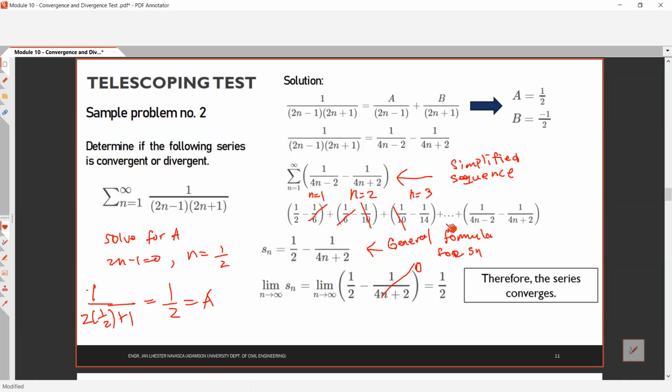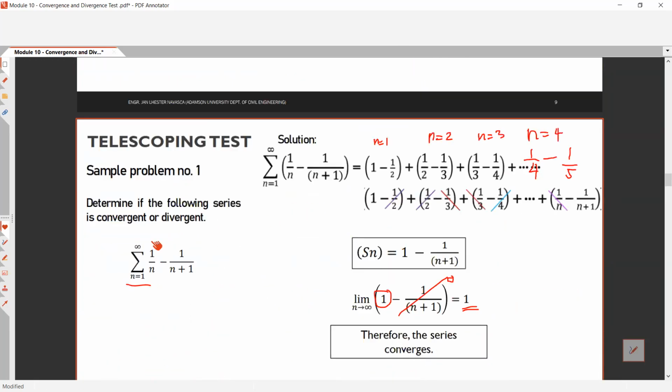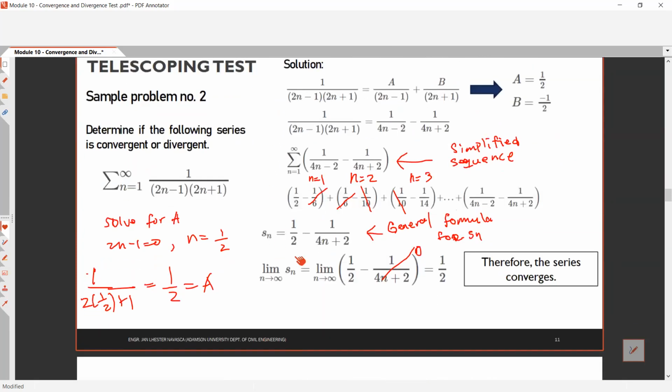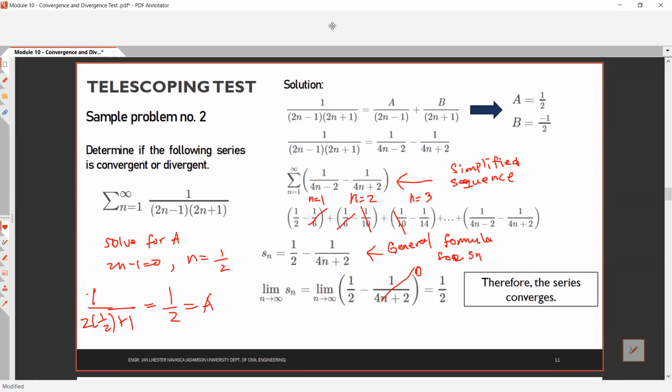Before that, you can use partial fractions, or maybe right away your sequence is already in simple algebraic fractions. Okay? So is that clear, class? Yes po. Okay, thank you.